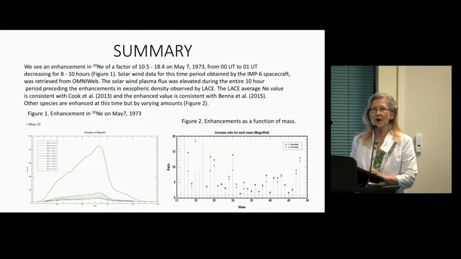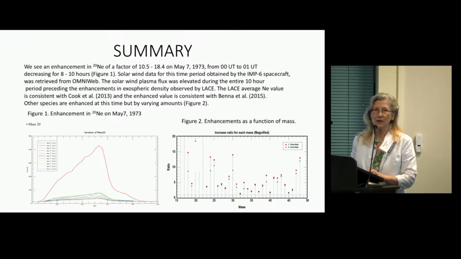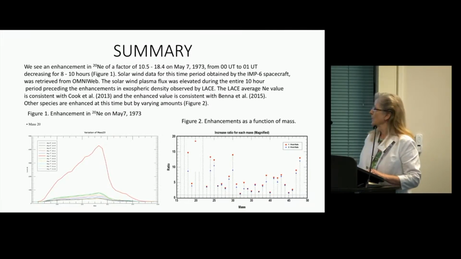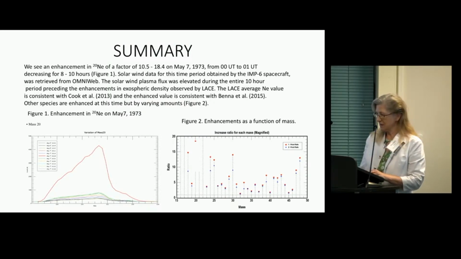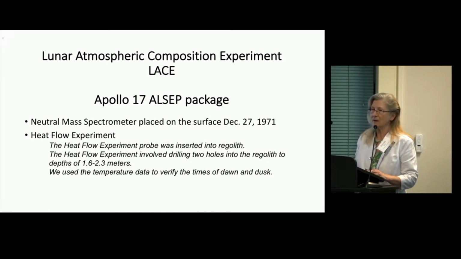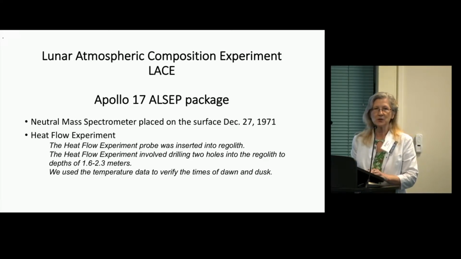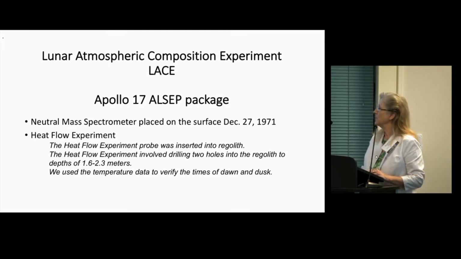It was not associated with dawn, and we know that neon 20 comes from the solar wind, so we thought, well, this is interesting. There have also been previous measurements of neon, and so we wanted to compare what was happening here.